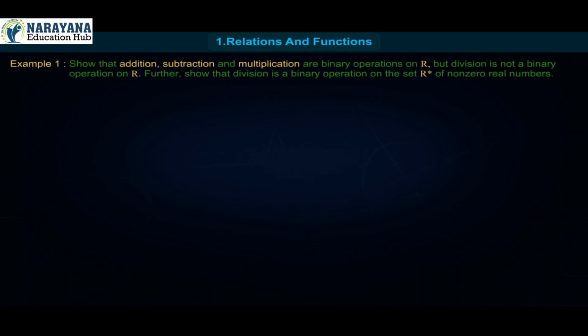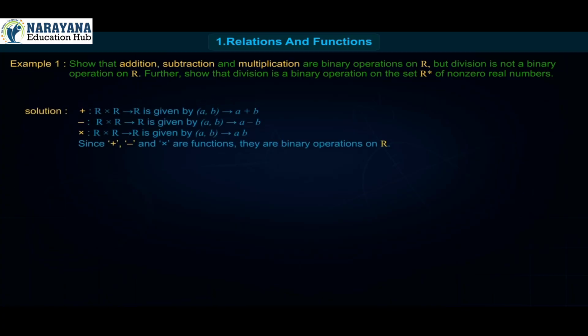Example 1. Show that addition, subtraction and multiplication are binary operations on R, but division is not a binary operation on R. Further, show that division is a binary operation on the set R* of non-zero real numbers. Solution.